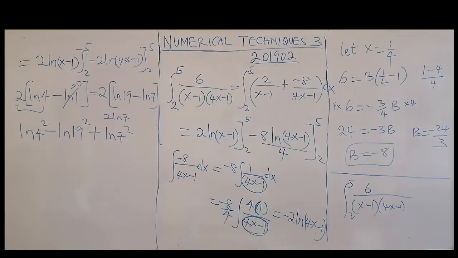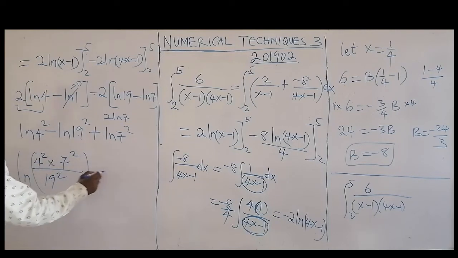Final conclusion, take the common logarithm. They are both ln, the common ln, and that will be 4 squared, this is addition so times 7 squared, all over 19 squared.